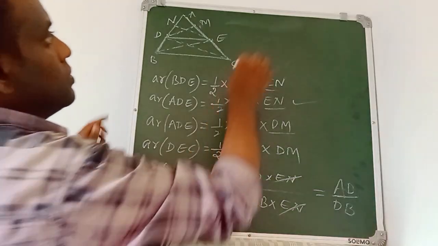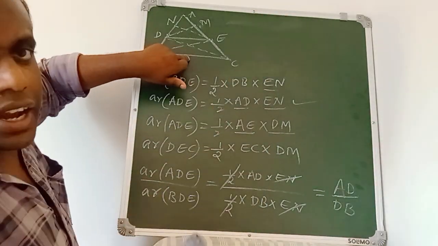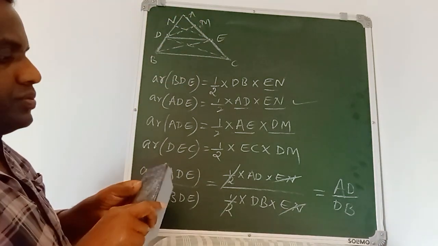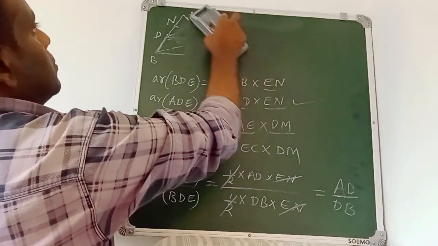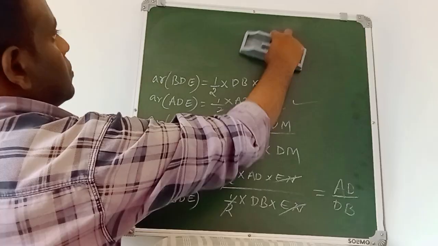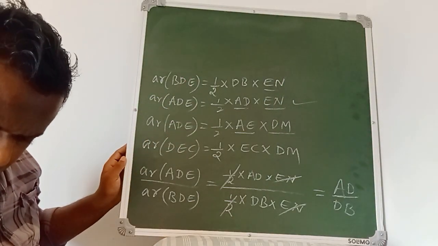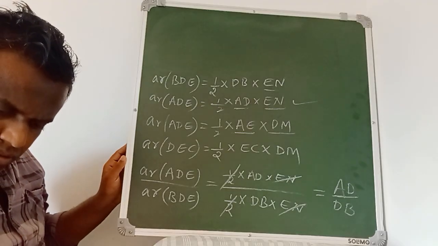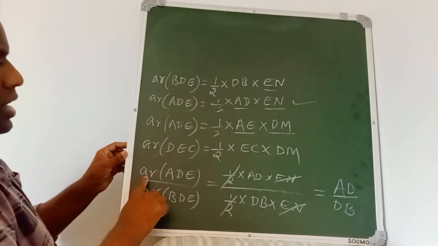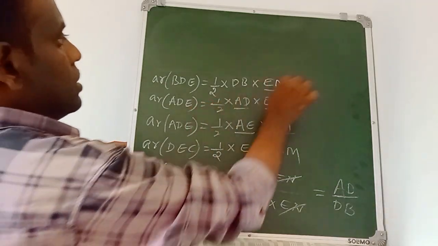Next I will just erase this diagram. This diagram is already there on the back side of the board. So we have taken area of ADE by area of BDE. So this and this done.